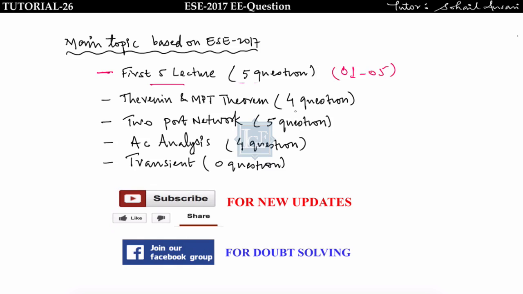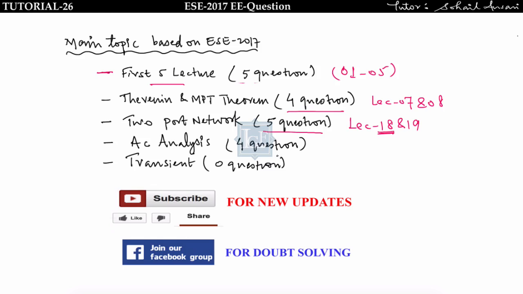Then 4 questions were asked from the Thevenin and MPT theorems, discussed in lecture number 7 and 8. From two port network 5 questions were asked, discussed in lecture number 18 and 19. So most of the questions are from lecture number 18, that is the basic.